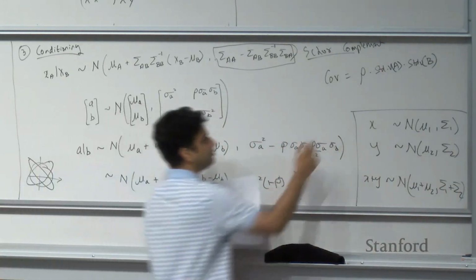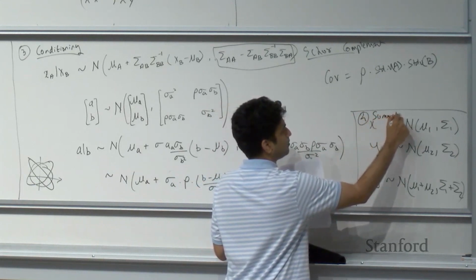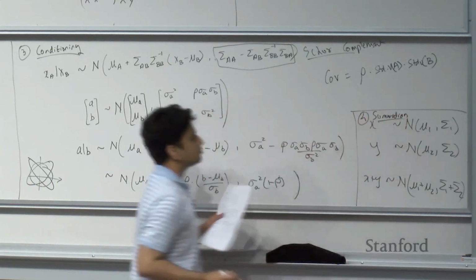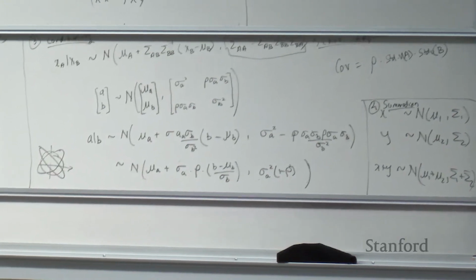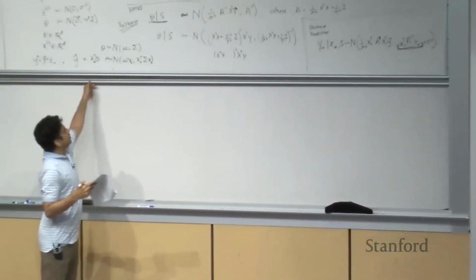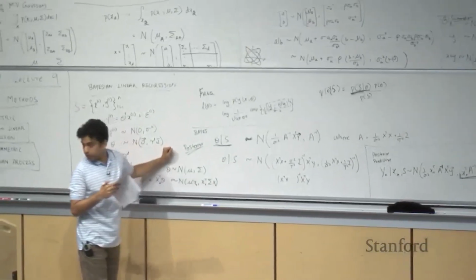This is the fourth property, summation. Now with these properties, believe it or not, we are more than halfway into Gaussian processes. You're just going to apply them and derive Gaussian processes.